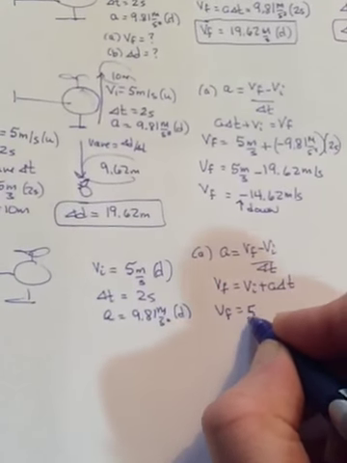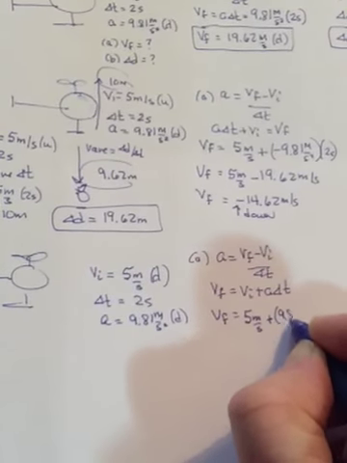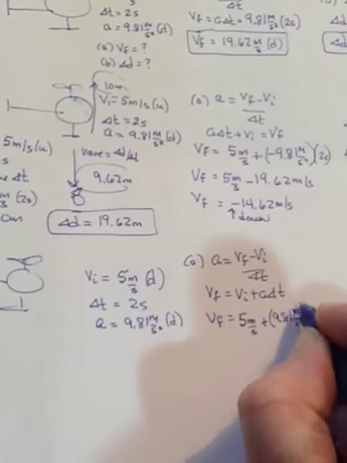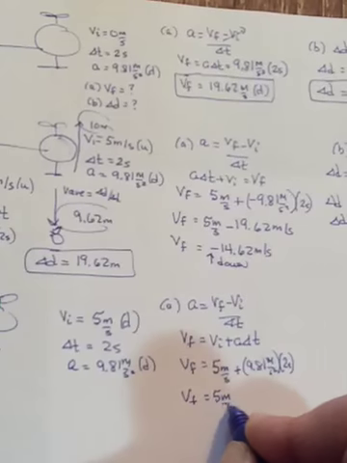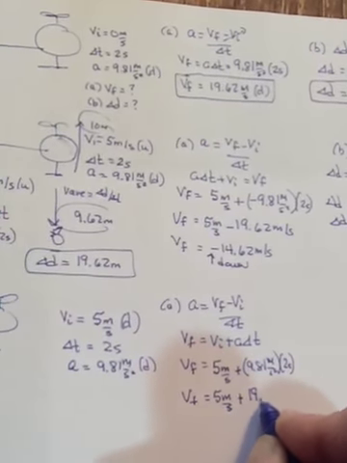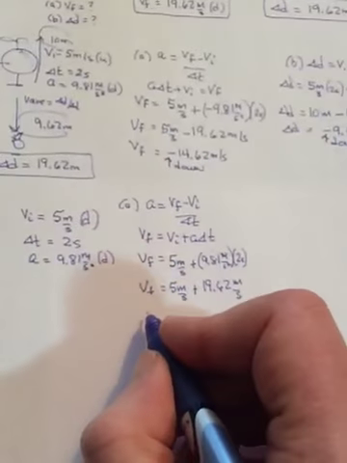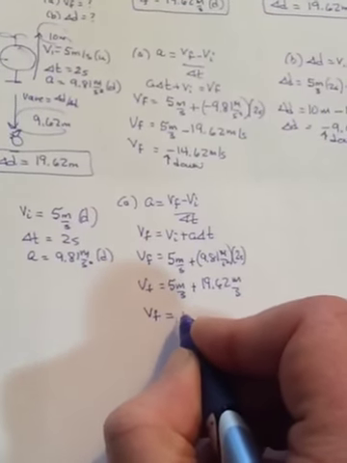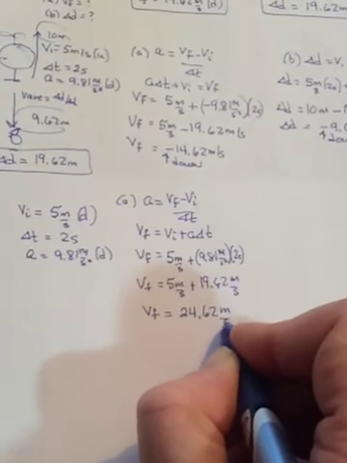So it'll be 5 meters per second plus 9.81 meters per second squared times 2 seconds. So this time it'll be 5 meters per second plus 19.62 meters per second. So this time the final velocity of the bag is going to be 24.62 meters per second, and it's down.